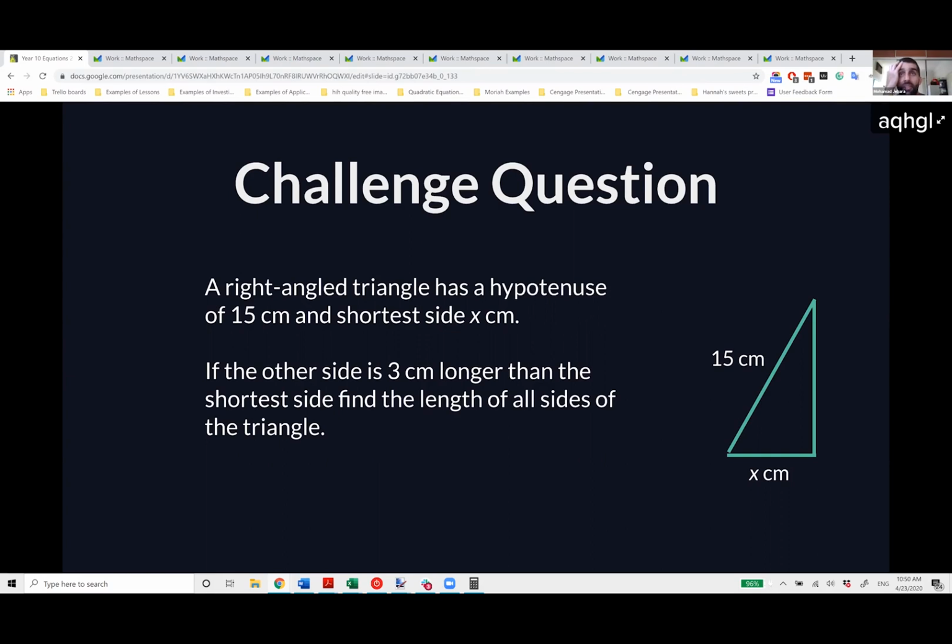Yeah, using Pythagoras, and please use equations. I think if you know the answer just by trial and error or something like that, then that's all well and good, but I want you to use equations. What equation can we write? And then let's go through and solve it.